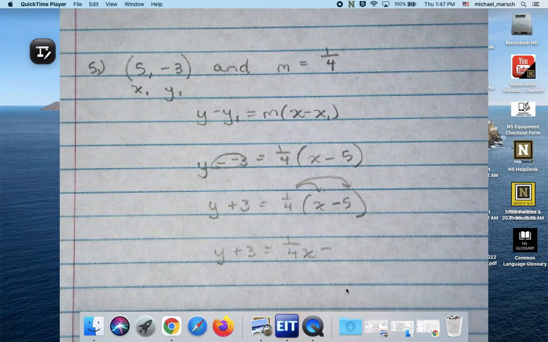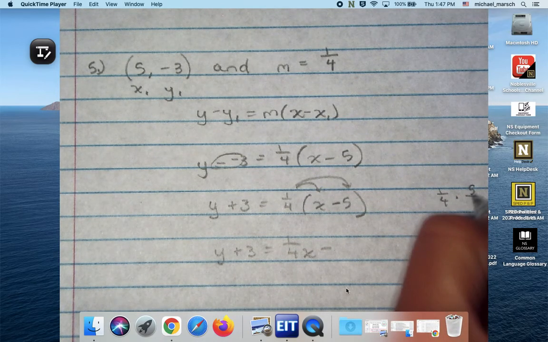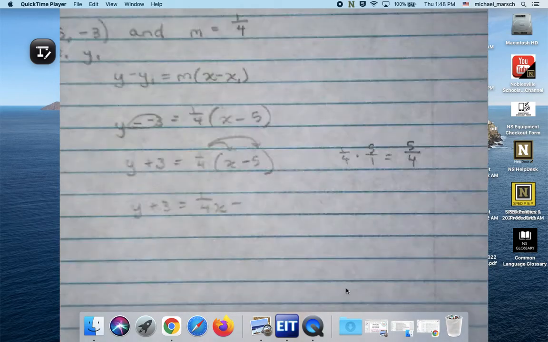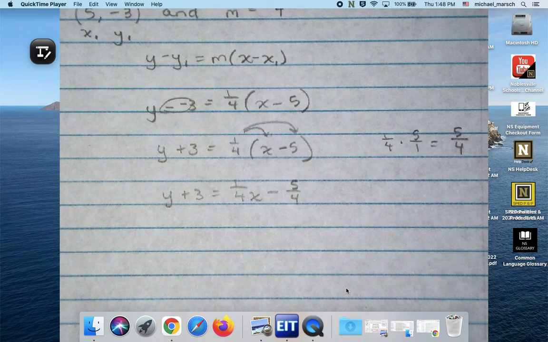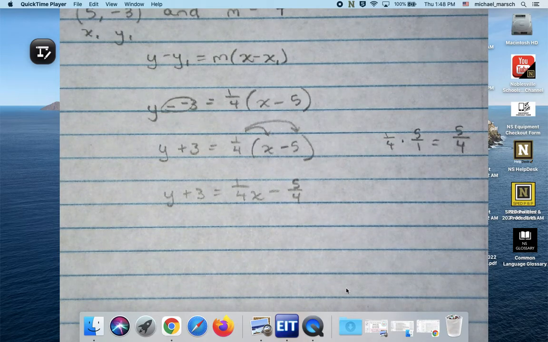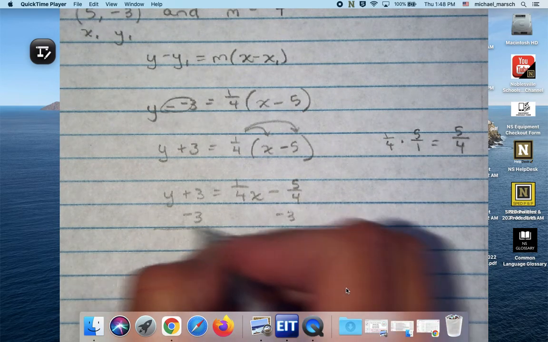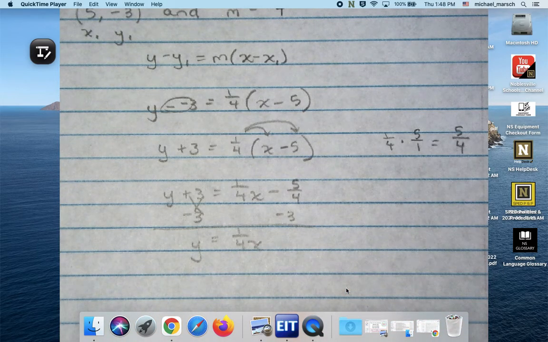We're going to leave it as an improper fraction. So I do 1/4 times 5/1, which gives me 5/4. So minus 5/4. Not done yet. I still have to subtract 3 from both sides. y equals 1/4 x, and then I have negative 5/4 minus 3.